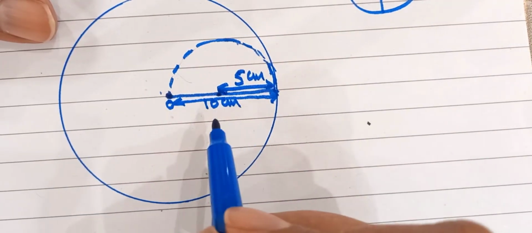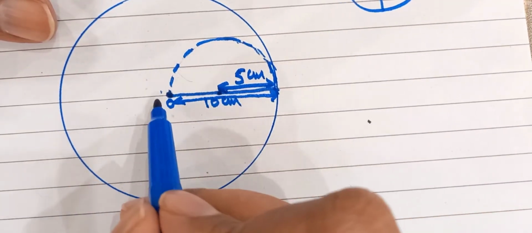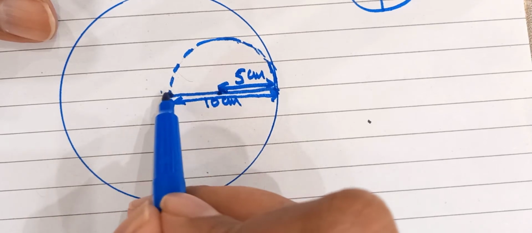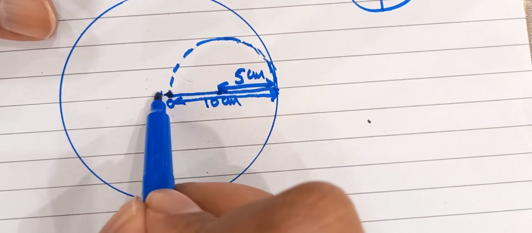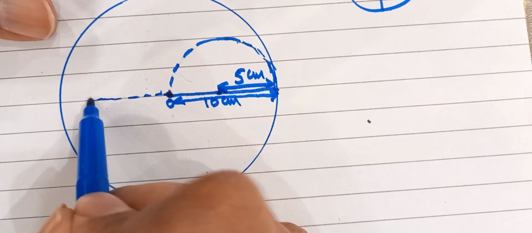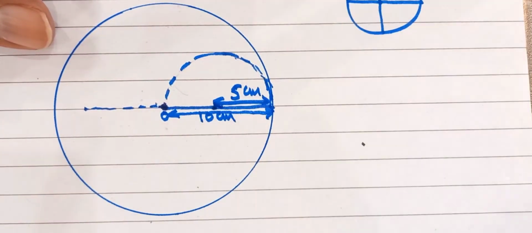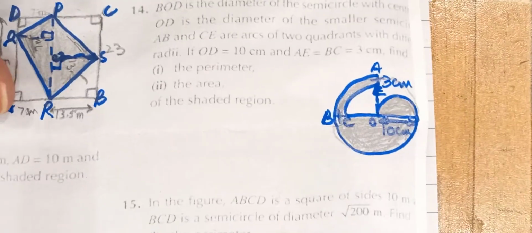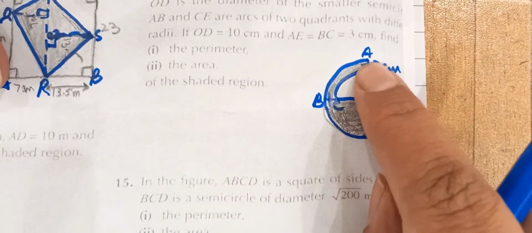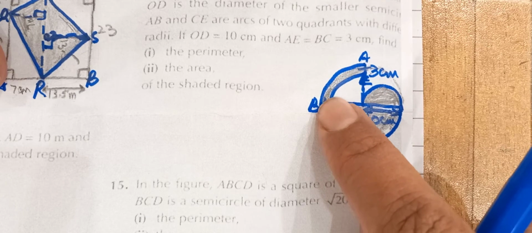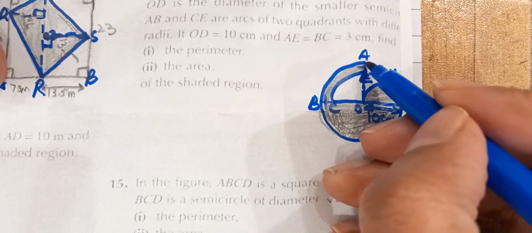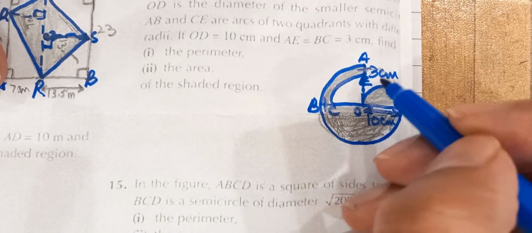So then they have drawn this line till here. And now one more thing I would like to clear out. These arcs which they have made are stretched out till this quadrant.